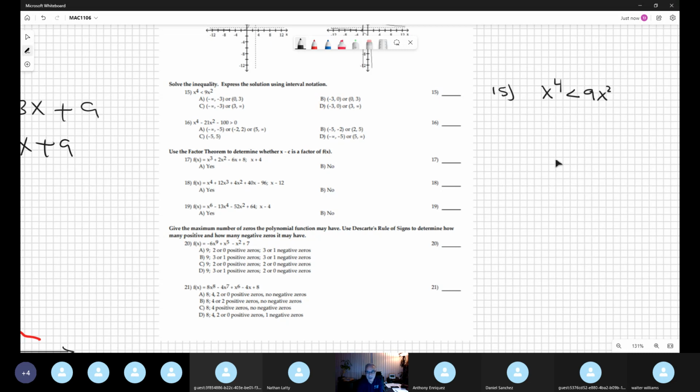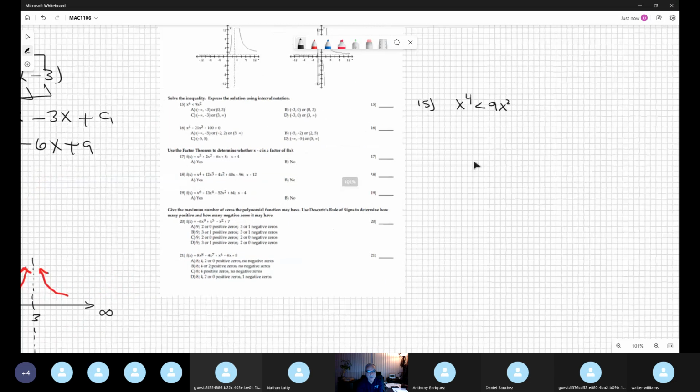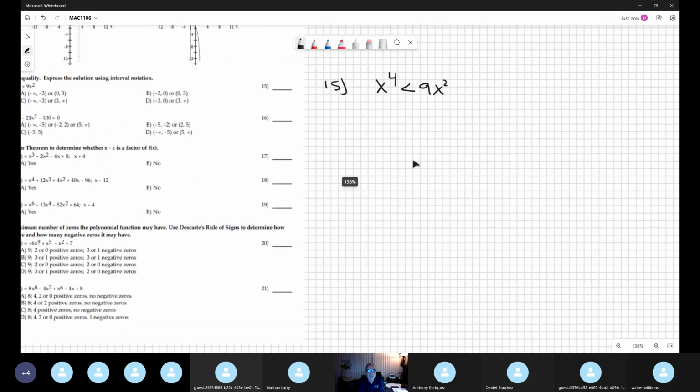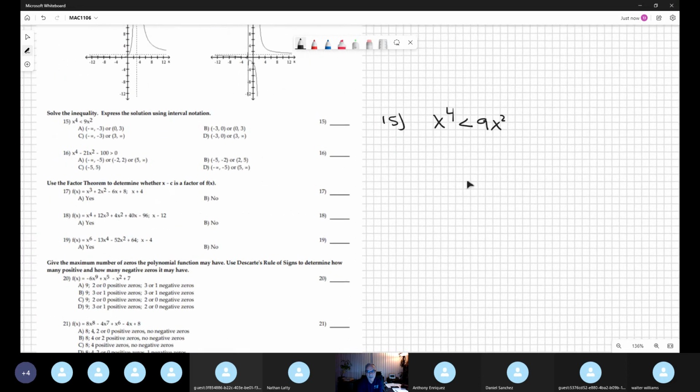Remember, my recommendation to solve any polynomial inequality is that you have to manipulate the inequality and put everything on the left-hand side. The reason is because the right-hand side must be 0. Do you remember this idea?